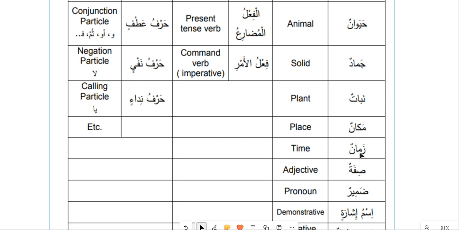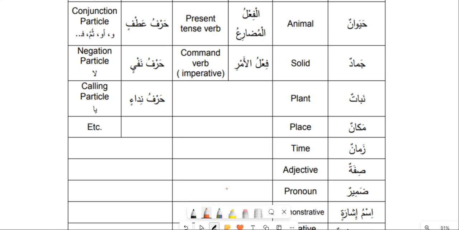Now time, what is time? This is actually the zarf, the adverb of time and place. For example, qabla, ba'da, fawka, tahta, all these are adverbs of time and place.